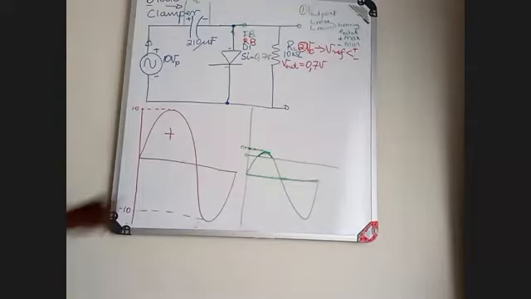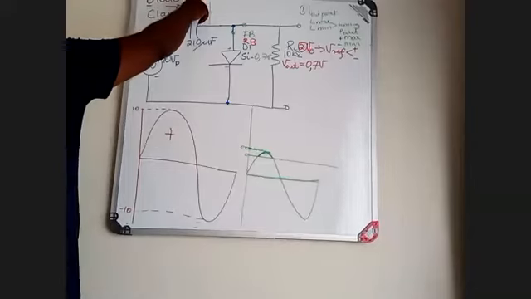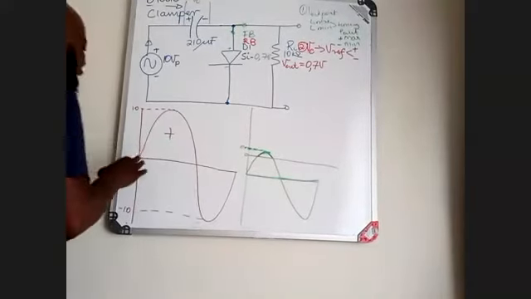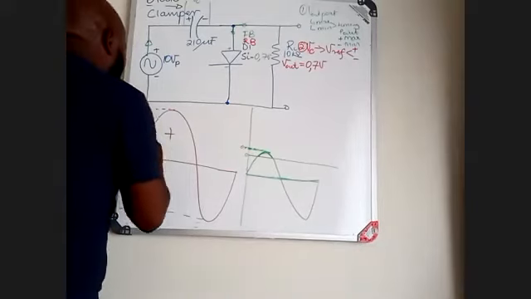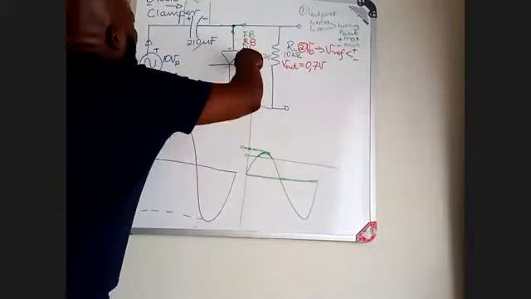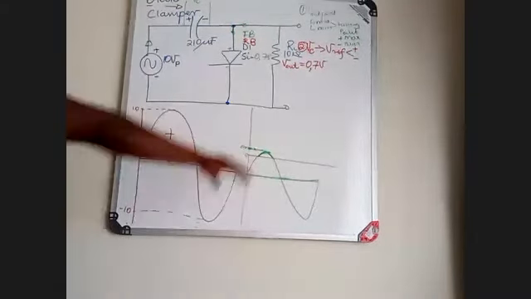But when this signal started, your Vref was 0, which means the voltage here was also 0. But during the gradual increment of your input voltage, when you switch this on, and that one was charging, your signal shifted.